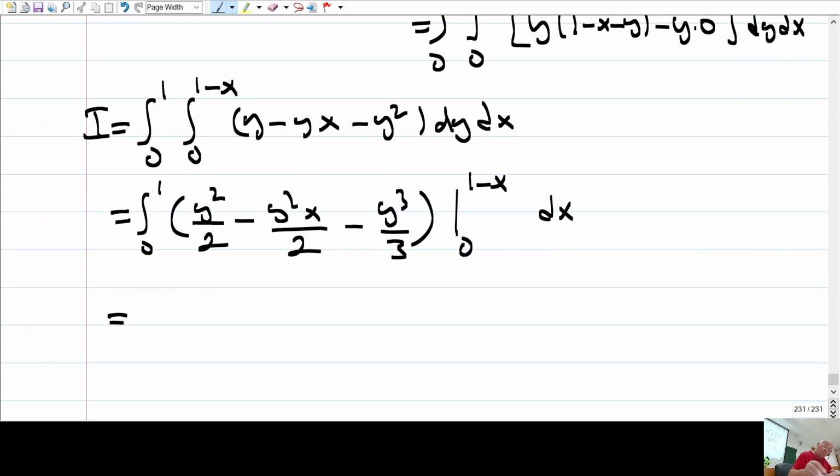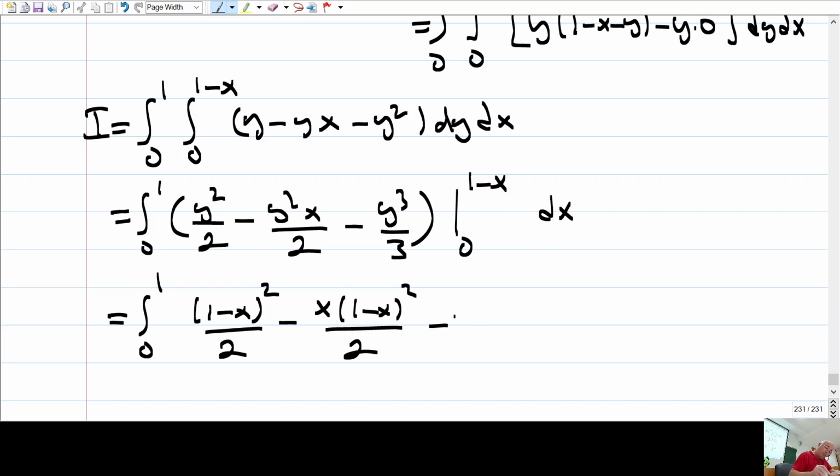When I plug in 1 minus x, we get (1 minus x) squared over 2 minus x times (1 minus x) squared over 2 minus (1 minus x) cubed over 3, and then dx. When I plug in 0 for y, I get of course 0, so I don't write it down. This is what I get.